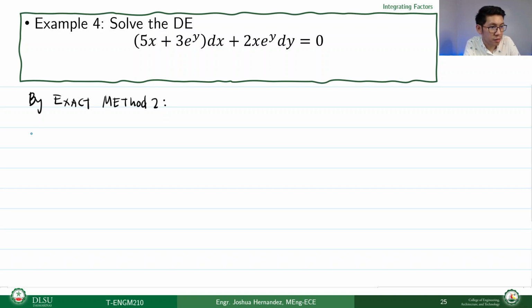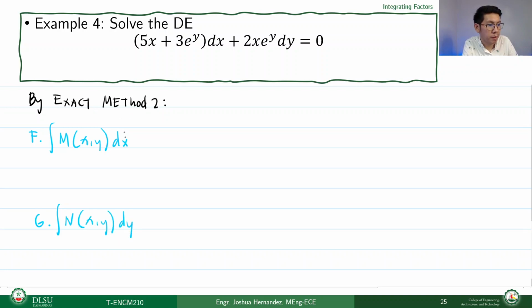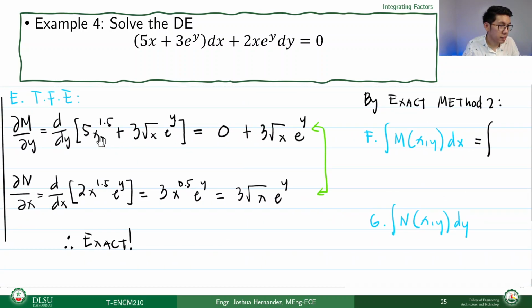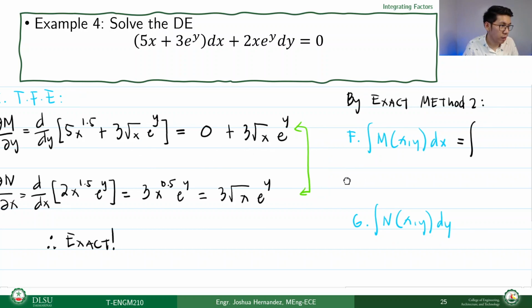That is taking the integral of m(x,y) dx, and then the integral of n(x,y) dy. The integral of m, our new m, is 5x raised to 1.5 plus 3 square root of x e raised to y.